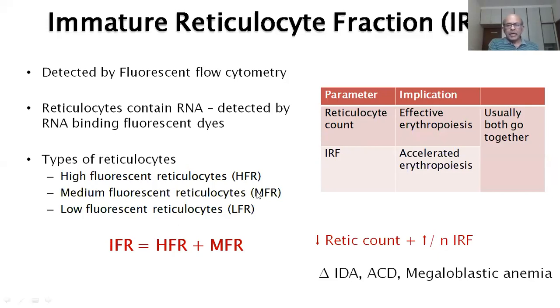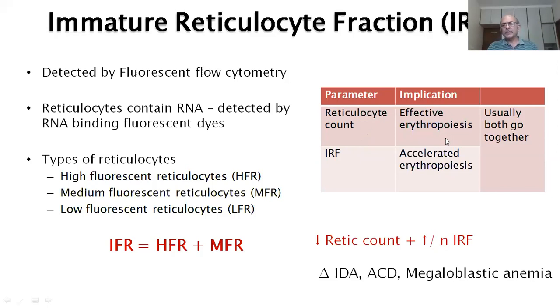Now, what is the advantage of immature reticulocyte fraction? By and large, not of great importance, because both reticulocyte count and immature reticulocyte fraction give you an idea of accelerated erythropoiesis, which is seen in patients with hemolytic anemia. But reticulocyte count also depends on effective erythropoiesis.